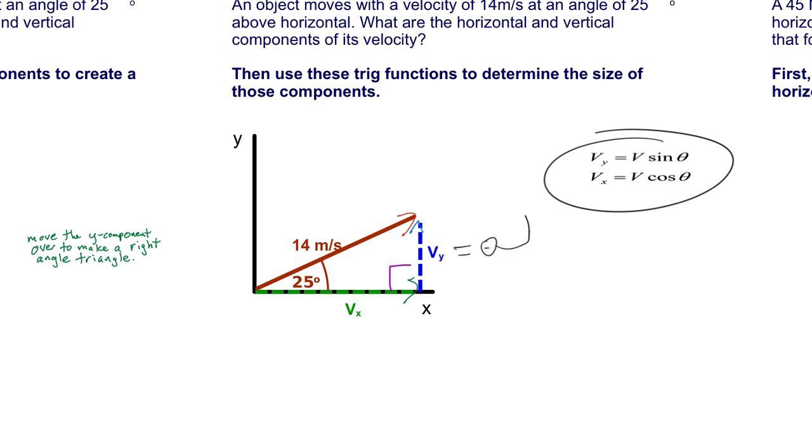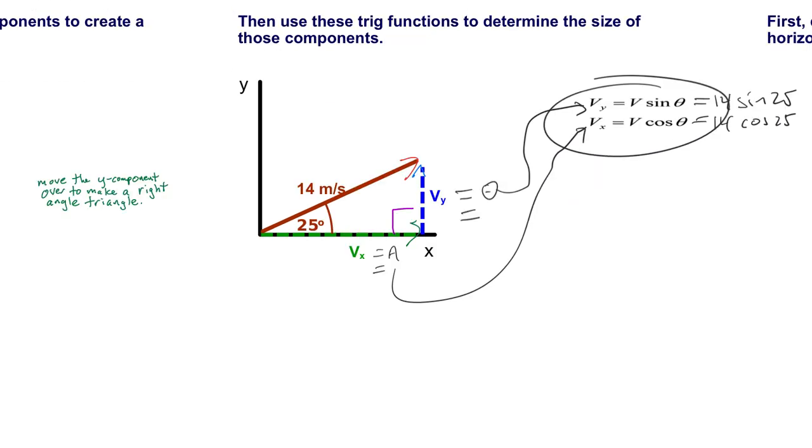So Vy is V sine of theta, where V is 14, which is V times sine of 25. Vx is the adjacent side, which is equal to 14 times cosine of 25. Make sure your calculator's mode is on degrees, not radians.